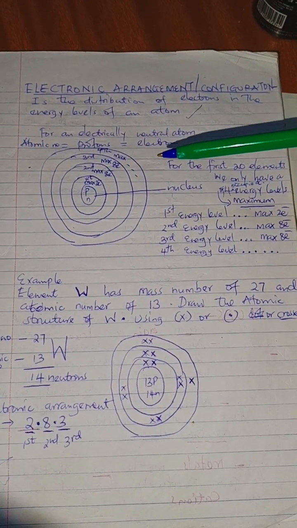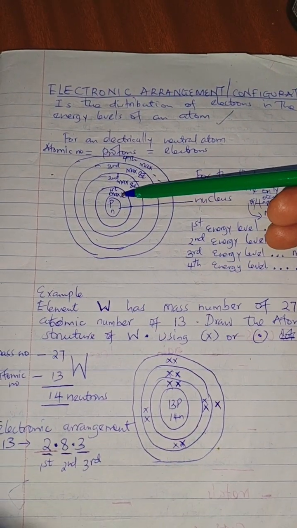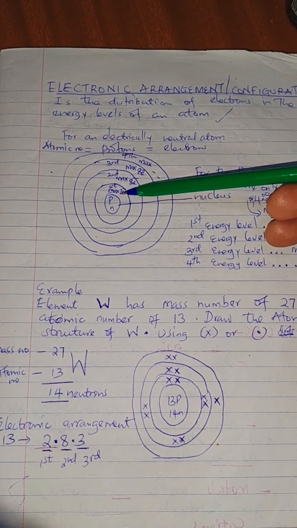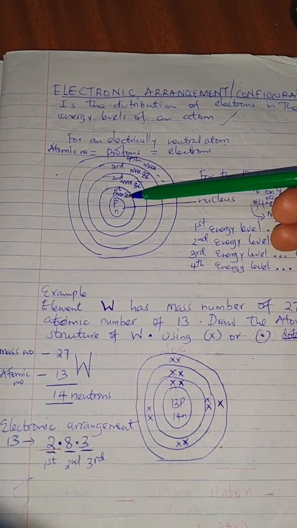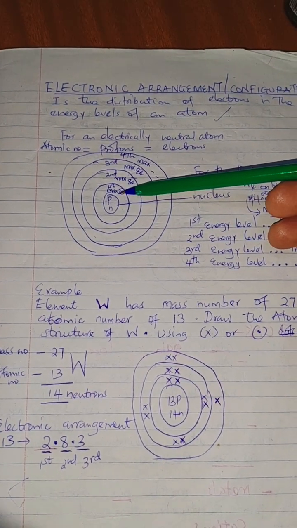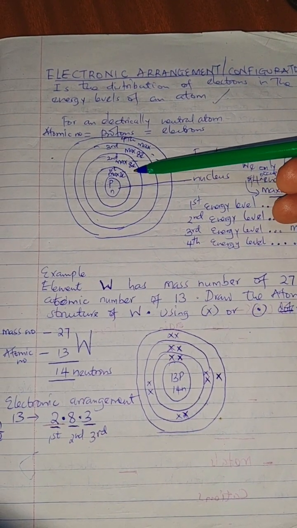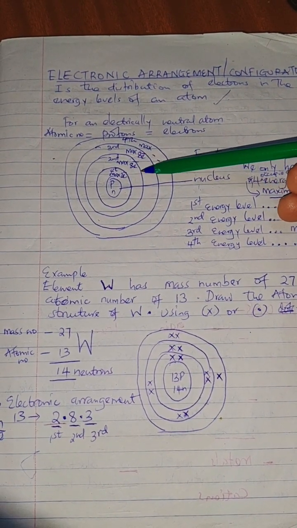So, in an atom, after the nucleus, we have the first energy level. The maximum electrons that can occupy the first energy level is 2. The second is 8. The third is 8.